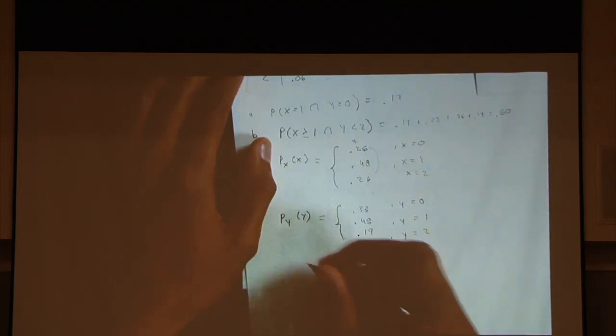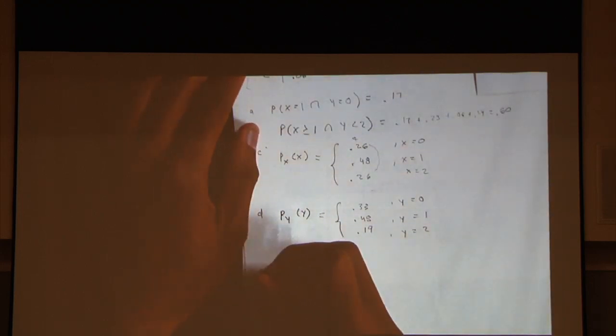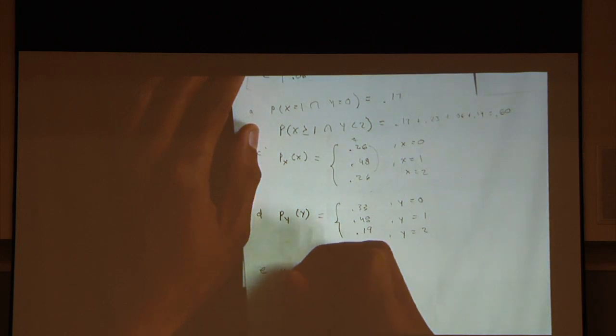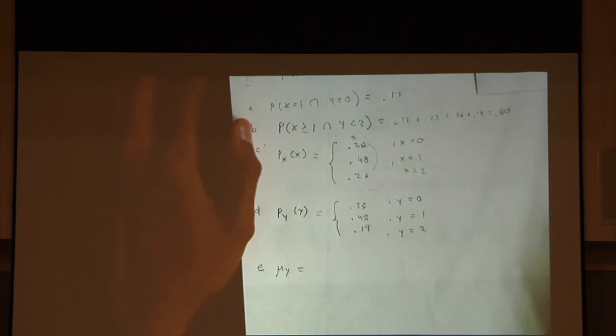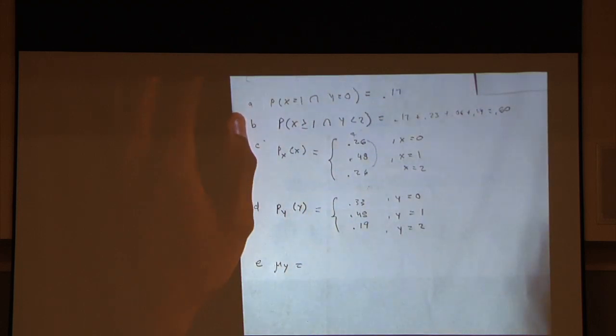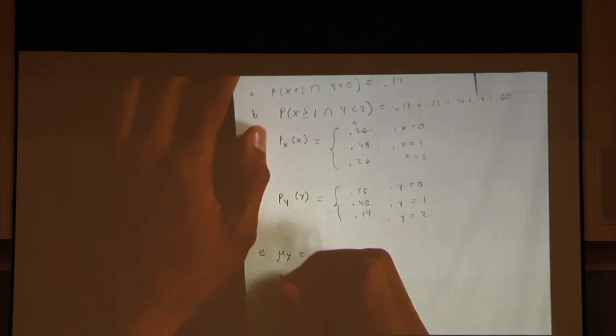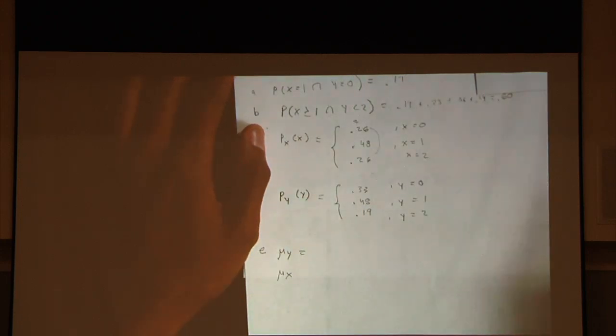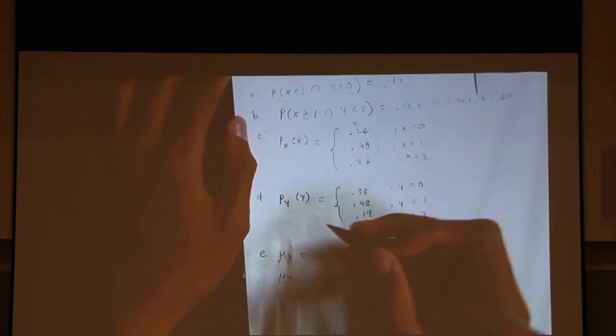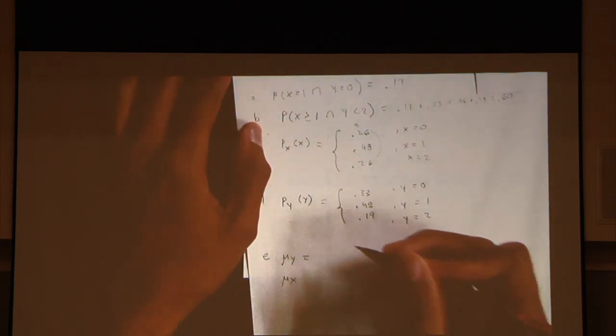Now we want the mean of y. And the mean of y can be found in 2 different ways. Well, I'll do mean of x too, I guess. So I like to use the probability mass function, like I've said before.